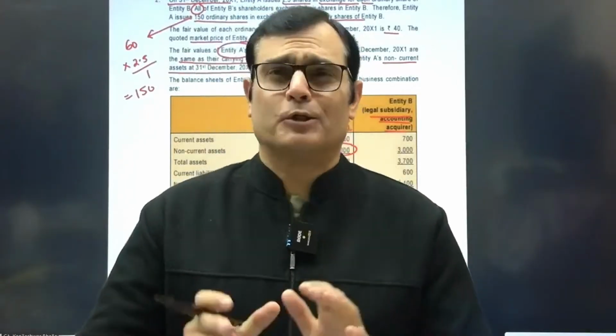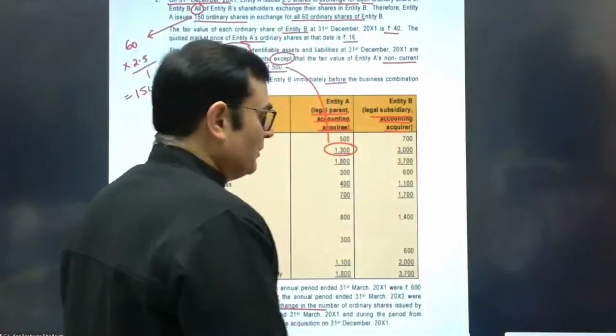Don't get worried. Let me start the journey and let's have a look at how the 6 steps will be applied. The concept remains the same, except there are going to be changes in the purchase consideration, which we will see in depth. So let's begin with step number 1.